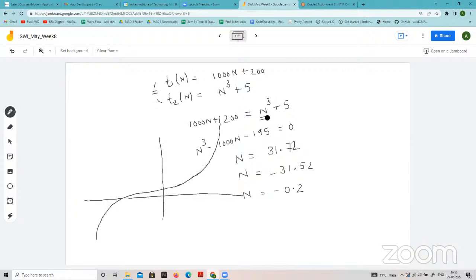This is the function I've drawn, n cube plus 5. Why have I left this space? Because of this 5, n cube shifts up. The other one is 1000n plus 200, so it will shift something like this, up.